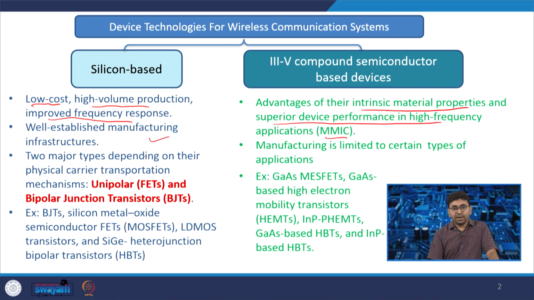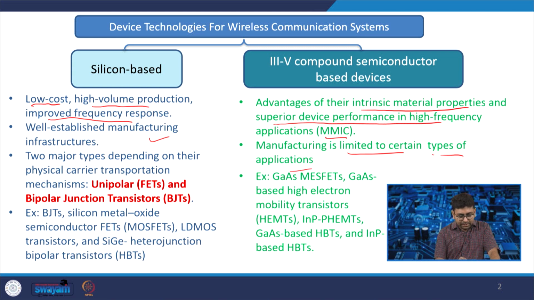There are giant companies like TSMC and Intel with well established manufacturing infrastructure. However, III-V compound semiconductor has limited manufacturing capability and is mostly used for particular applications.